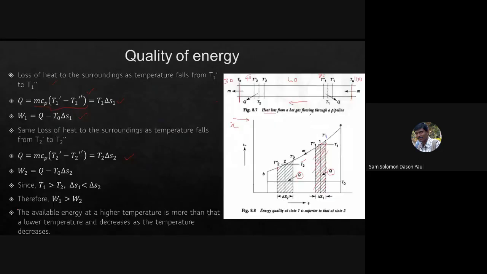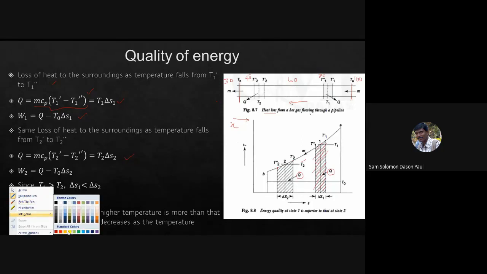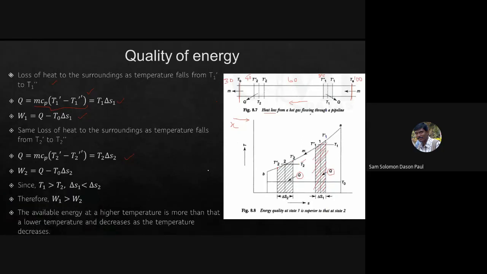Sorry about that. This region at the bottom, I'm not sure if it is visible. This region is T naught into delta S.